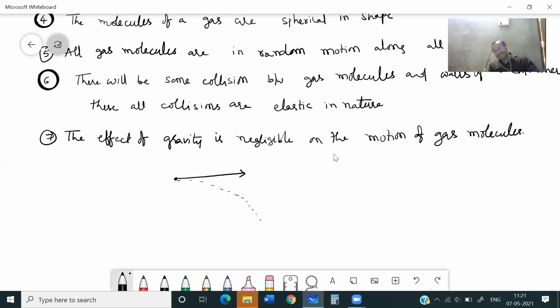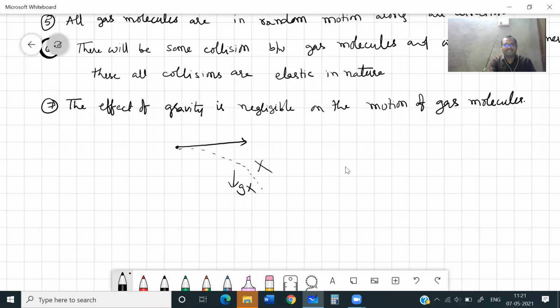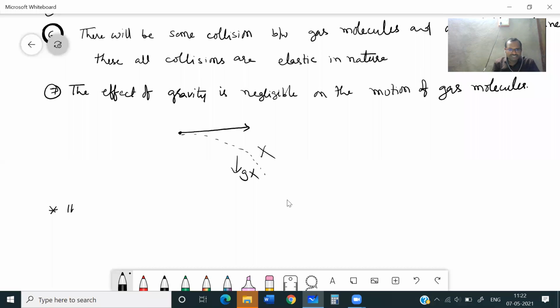Means they will not deviate from their path due to gravitational force. This acceleration due to gravity effect will not be there, so they will move in a straight path. They will not undergo any deflection due to gravitational force. Clear?